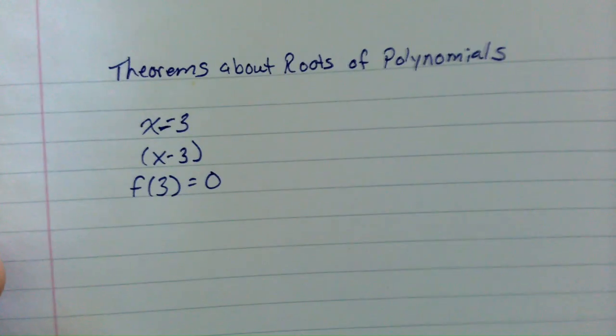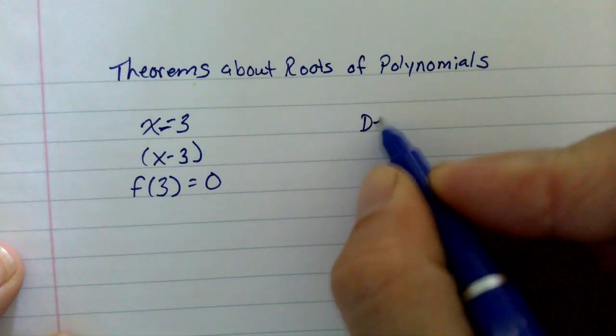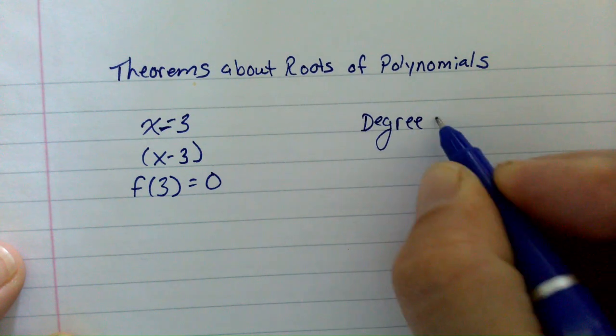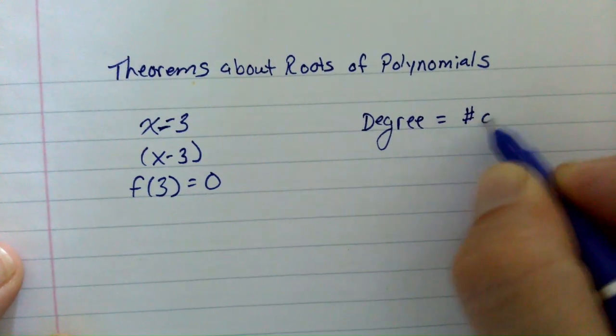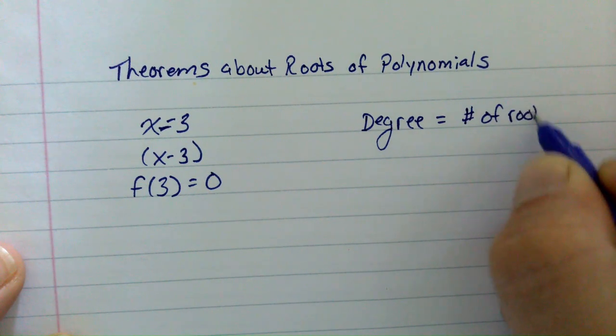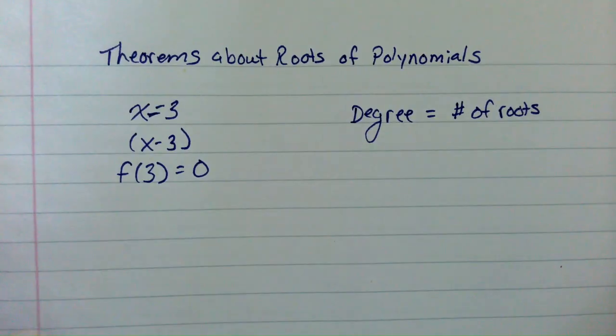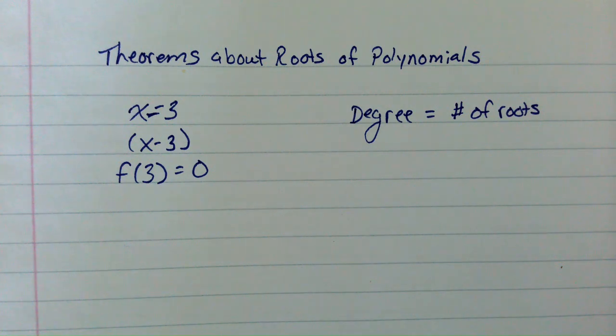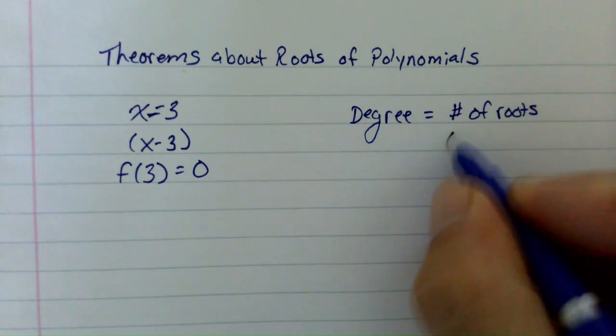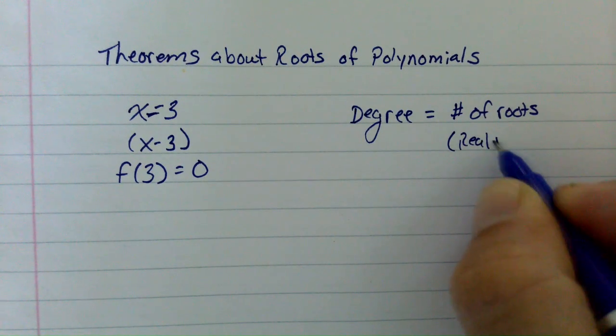And also that the degree of the polynomial matched the number of roots. Now, when I say number of roots, I'm not saying number of x-intercepts. I'm saying number of total roots. This would be real and complex.